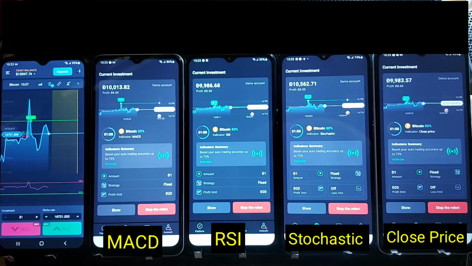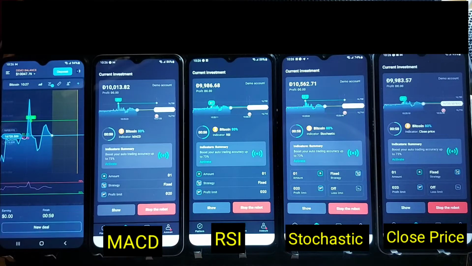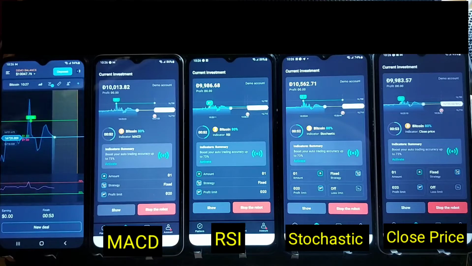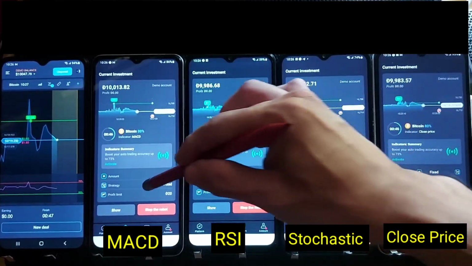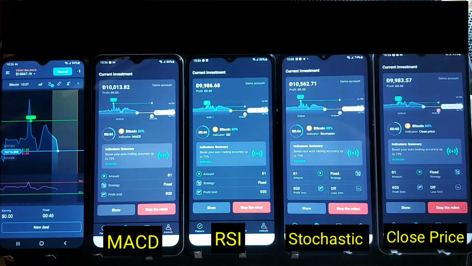There are a lot of indicators for sale out there in the market. There are a lot of trading robots also for sale out there in the market, ranging from subscriptions of $20 a month to as high as $100 a month. You would subscribe to these if you knew that they were 100% accurate or at least 80 or 90% accurate.